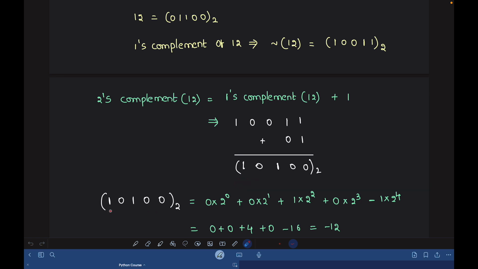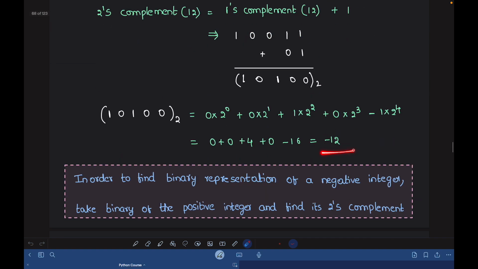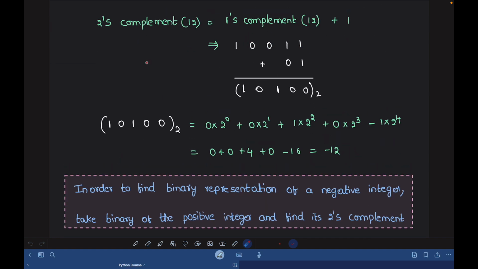Now if you convert this binary number to decimal by doing 0 into 2 power 0 plus 0 into 2 power 1 plus 1 into 2 square plus 0 into 2 cube and minus 1 into 2 power 4, we will see that we get a value minus 12. So we have seen that by doing 2's complement of 12, we got a binary representation for minus 12.